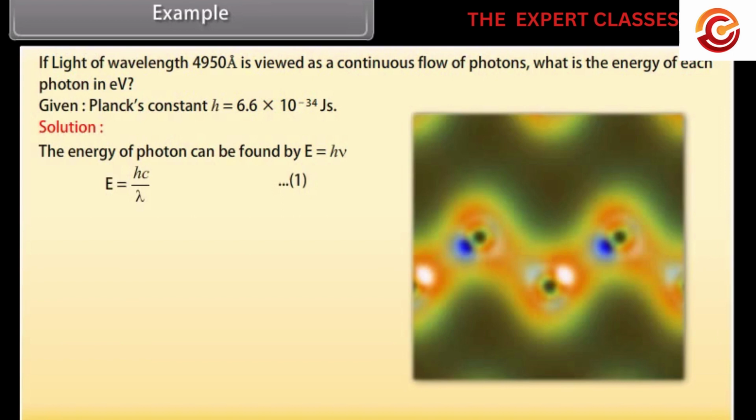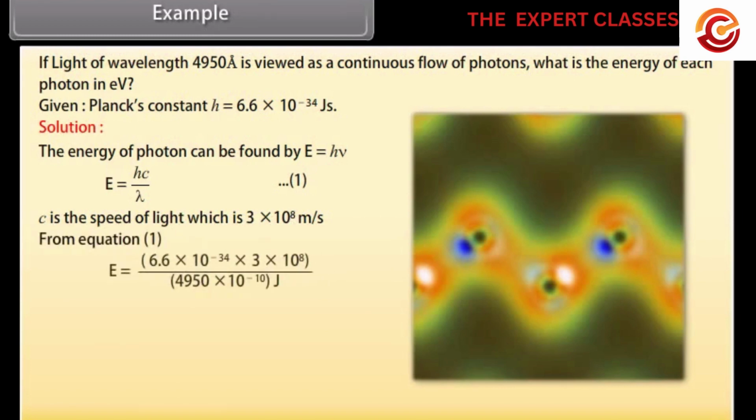C is the speed of light, which is 3 × 10^8 meter per second. From equation 1, E equals 6.6 × 10^-34 × 3 × 10^8 by 4950 × 10^-10 joule.